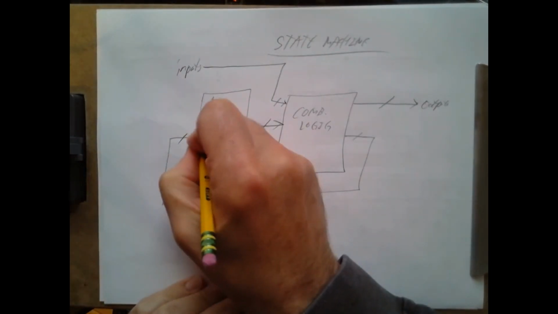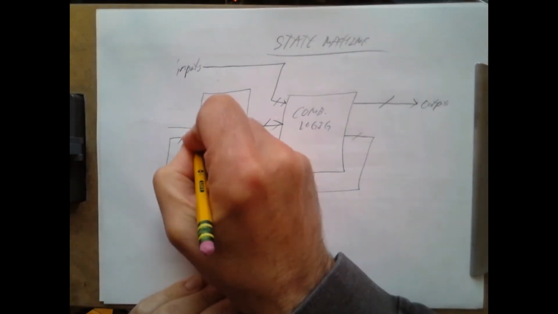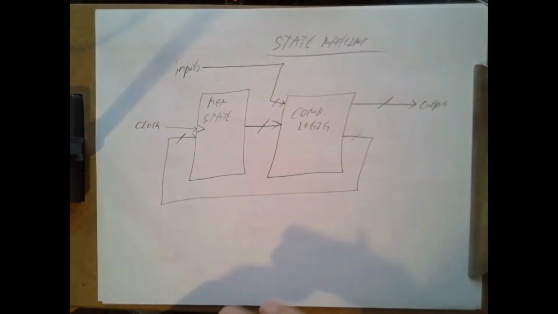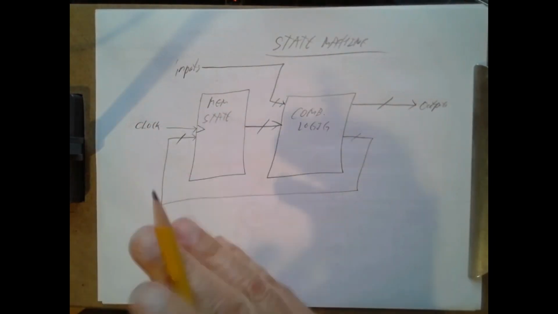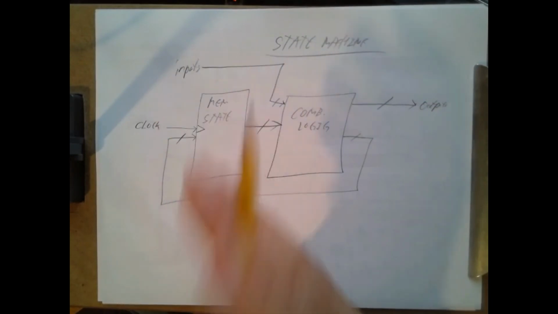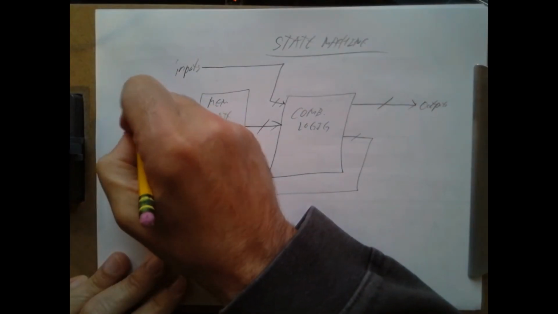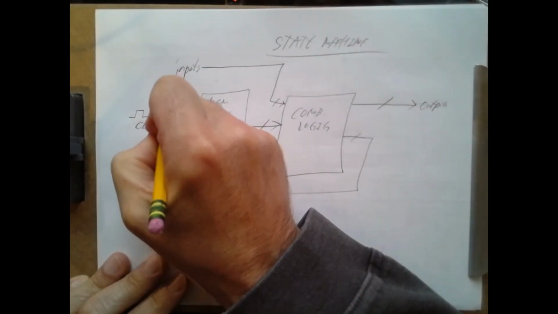And remember, there's a clock, which we don't even usually draw, but there's a clock, and the clock is simply connected to the clock input of all of the flip-flops. And you clock all your flip-flops from the same signal. Okay, that's standard synchronous design. So this clock is pulsing high, low, high, low, high, low.